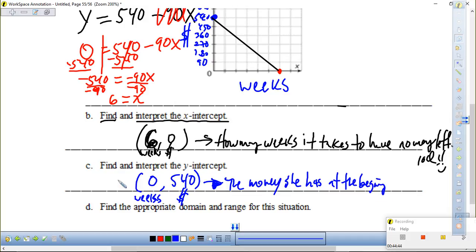Why at the beginning? Because how many weeks have passed? 0 weeks. At 0 weeks that have passed, she still has 540. Okay?